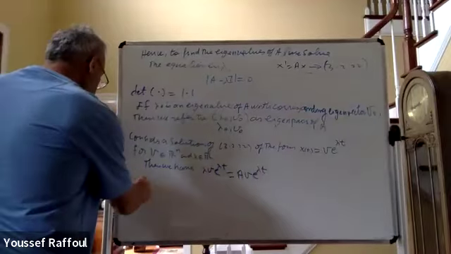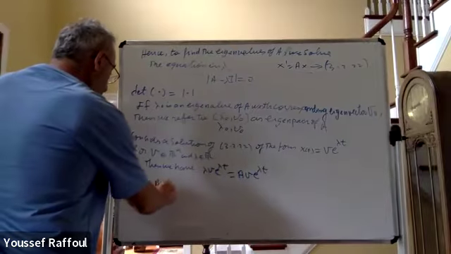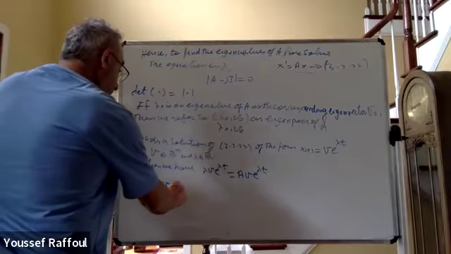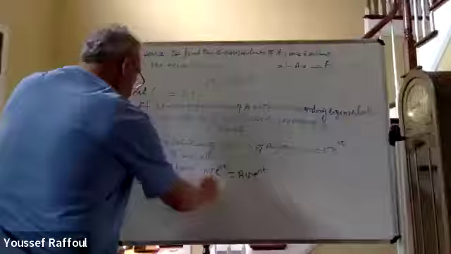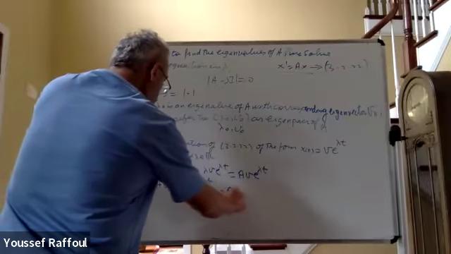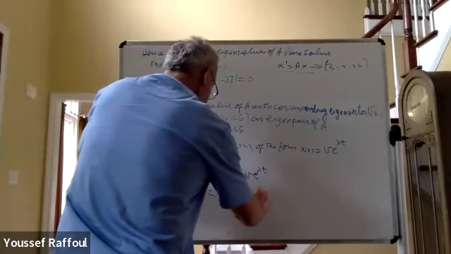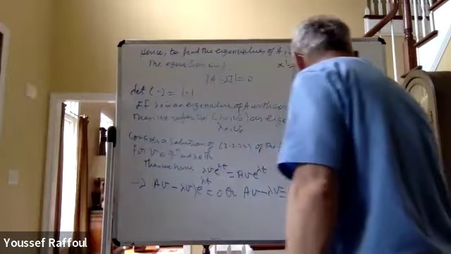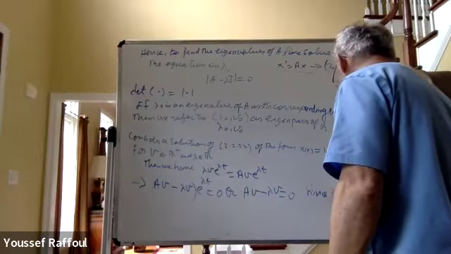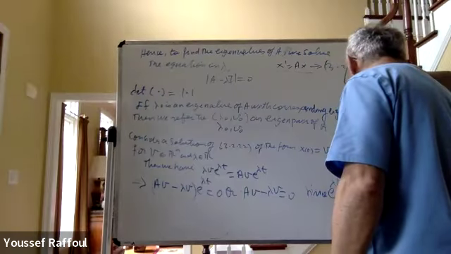Now this means A v minus lambda v, times e to the lambda t, equals 0, or A v minus lambda v equals 0, since e to the lambda t is never 0.